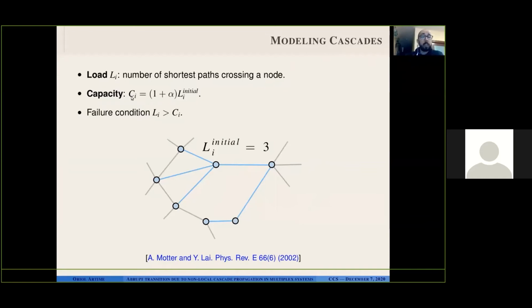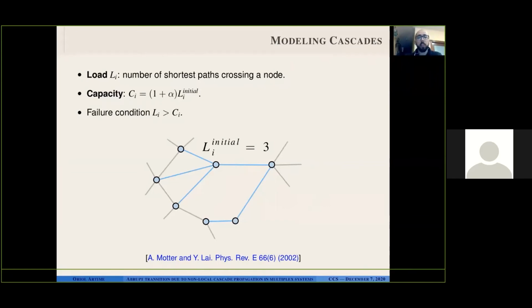The proportionality factor is called the tolerance, and is this parameter alpha. And if for whatever reason the load is higher than the capacity, then that node fails and it is removed from the network along with all its links.